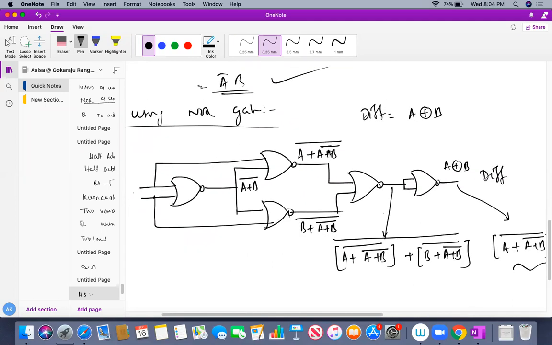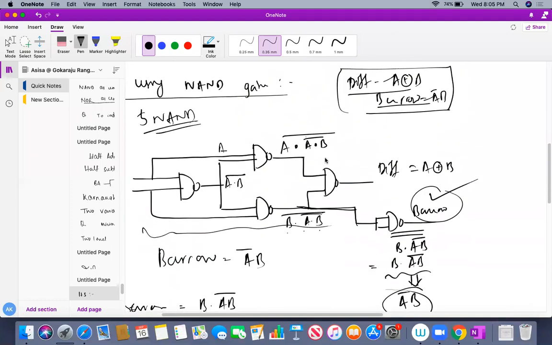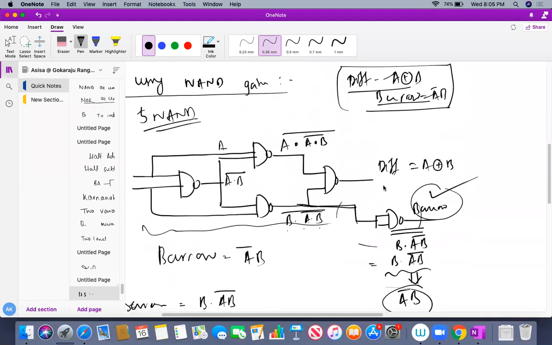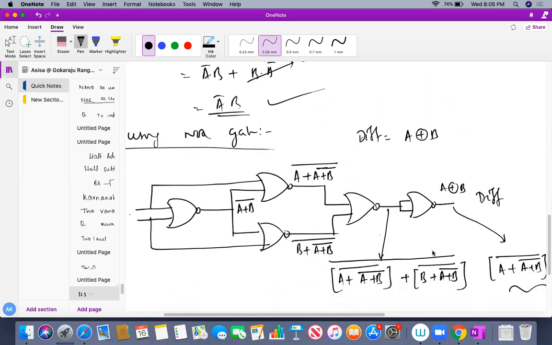All of you understand, students? It's very simple. Okay, if I can claim this will be my, I can tell that this will be my difference. Okay, now for the borrow, what I will do, I will not take any extra gate. Here I have taken one more extra gate over here, and I have proved that this is my borrow, for the NAND gate. So here what I will do, I'll just take a signal wire over here and extend that and tell that this is my borrow.